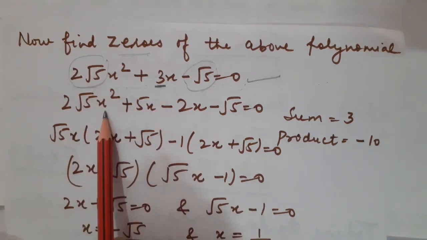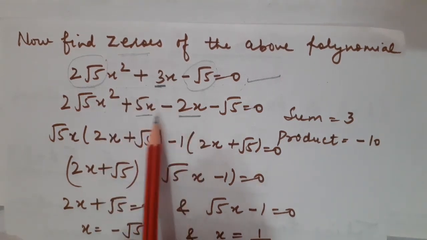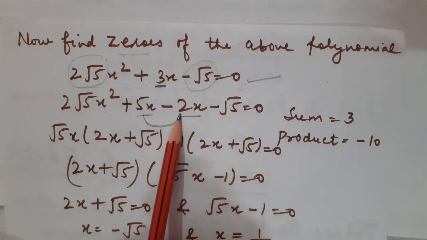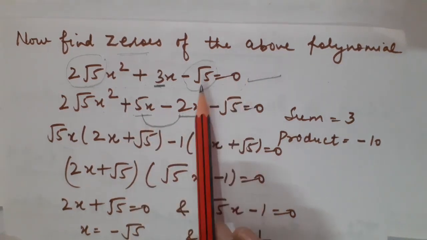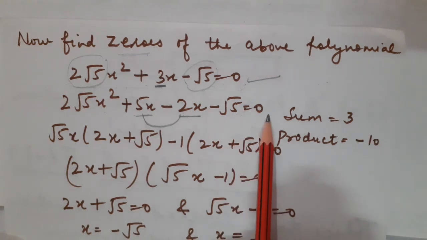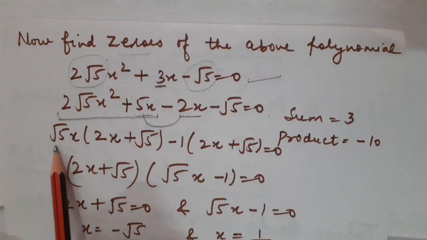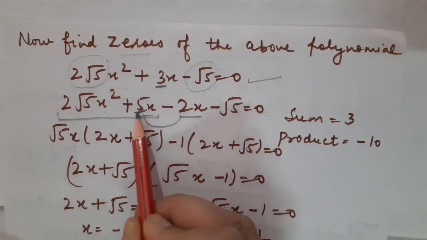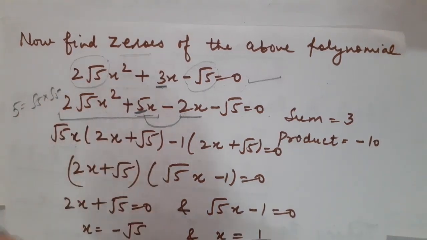So 2 root 5 x square written as it is plus 5x minus 2x. Are we getting the sum as plus 3 and the product as minus 10? Yes. So this is minus root 5 is equal to 0. From first these two terms, children, I am going to take root 5x as common. Look, this 5, can I write this 5 as root 5 into root 5? Yes, of course.